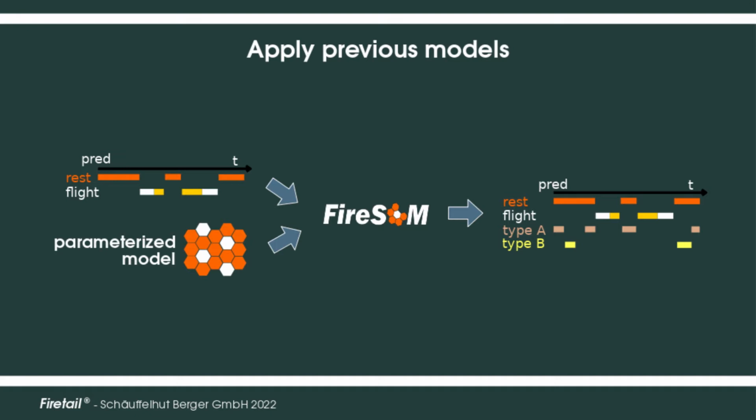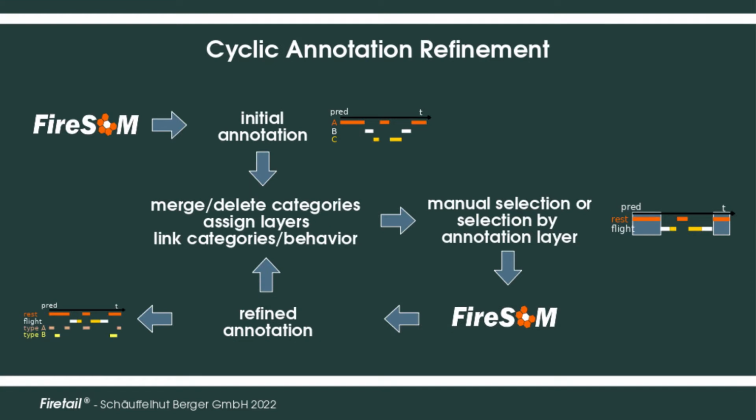And you see here you have the type A and type B of the specific annotation. So what's the deal with the cyclic annotation refinement? We want to show you a way to iteratively refine your predictions. You get an initial annotation.